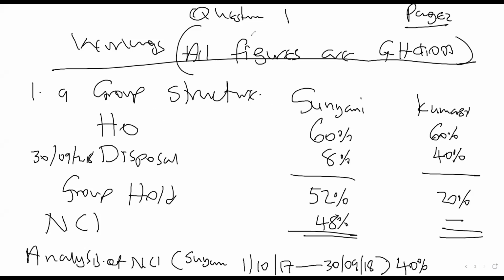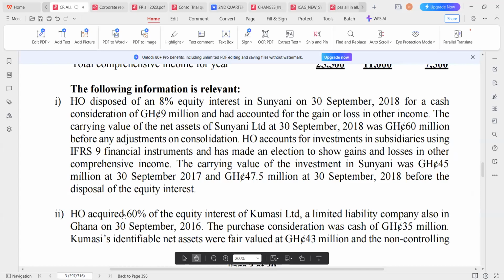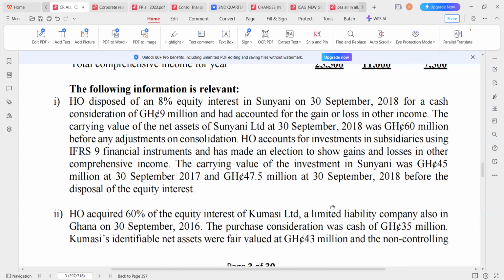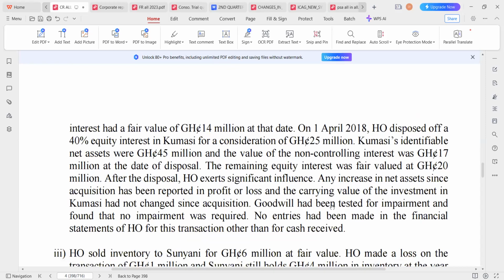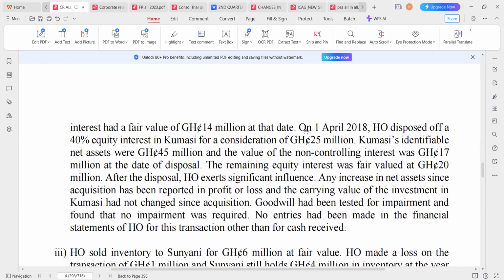Let's confirm the same thing for Kumasi. When was the disposal? We acquired Kumasi 30th September 2016. So that will be about 2 years ago. That's so good. But on 1st April 2018, please, how many months to the year end and how many months after the year starts?